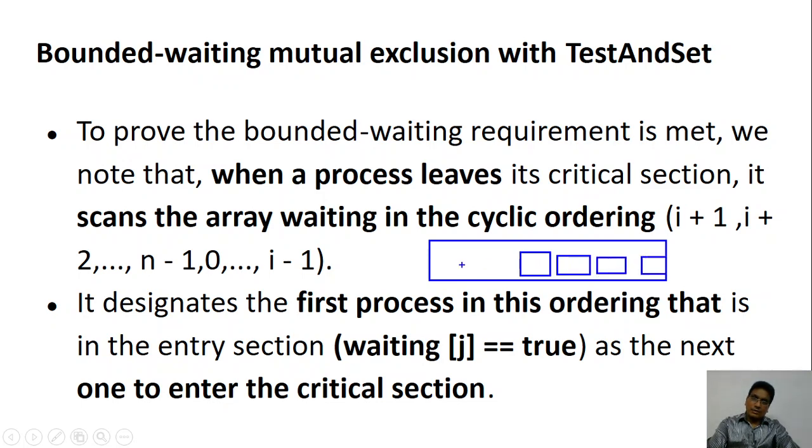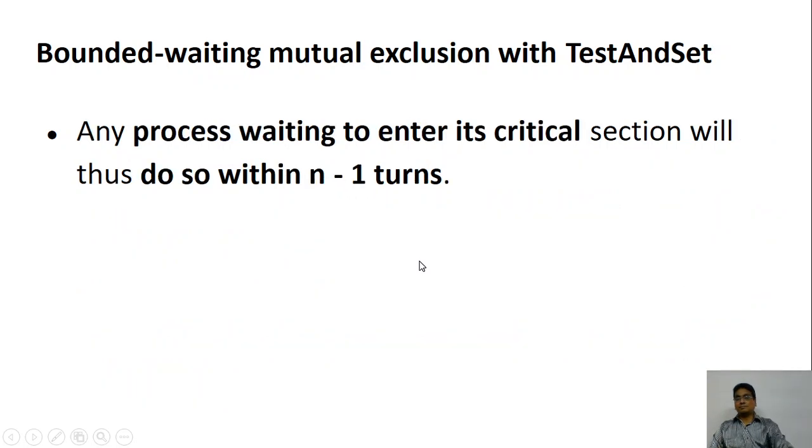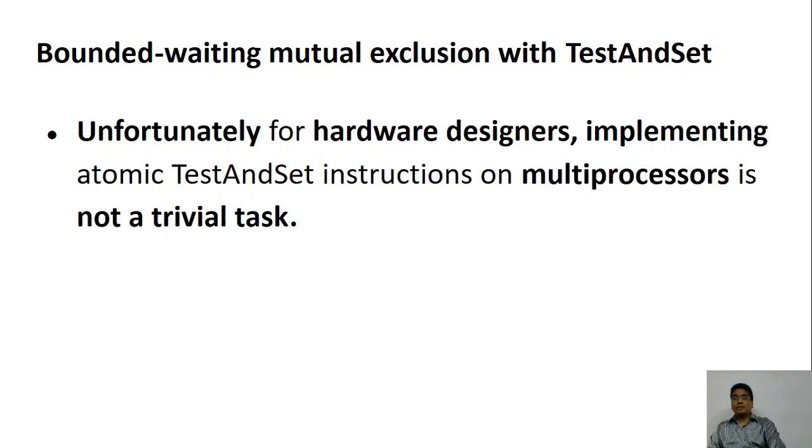If it is not there, you come to the beginning and then ask the one. So at most, if there are n numbers, your chance will come at the nth round. It's going to come. So that means there is a bound on waiting. Within n minus 1 turns, if you take 0, you are going to get your turn. So that is why it is called bounded waiting.